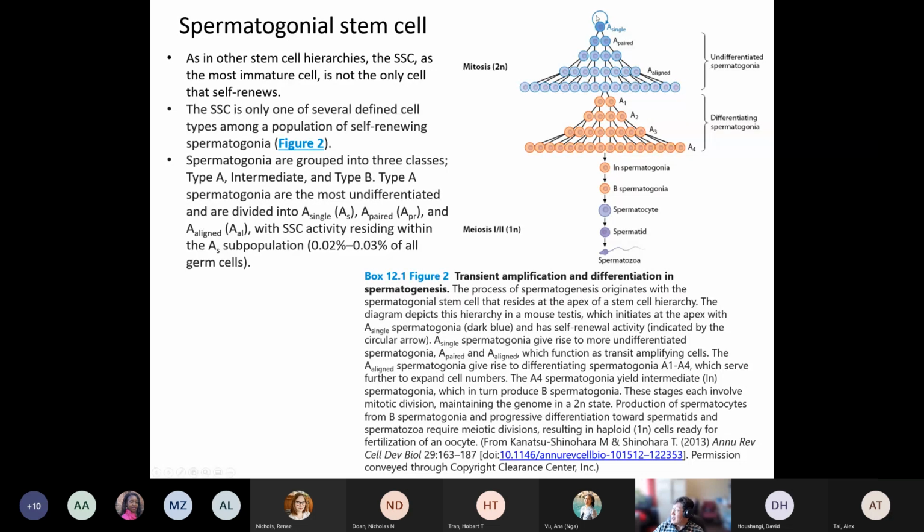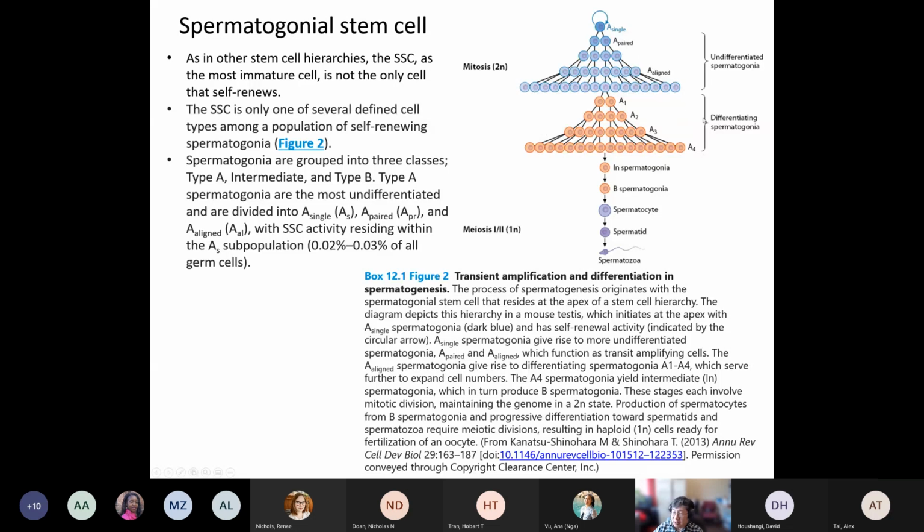These three type A cells are considered to be the undifferentiated spermatogonia. These cells are kind of identical, and they have the highest capability of self-renewal. And then next, there are 4 tiers of cells called A1 to A4 cells. They're still type A cells, but they're somewhat differentiated compared to the A-single, A-paired, and A-aligned cells.